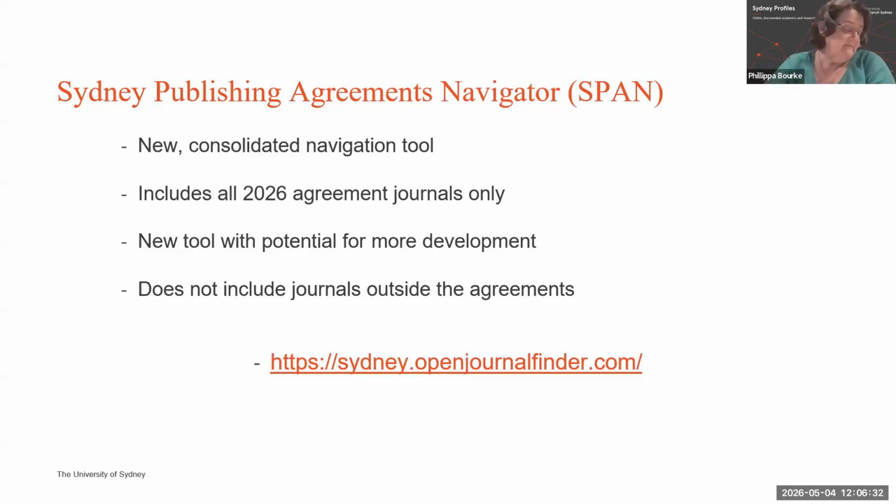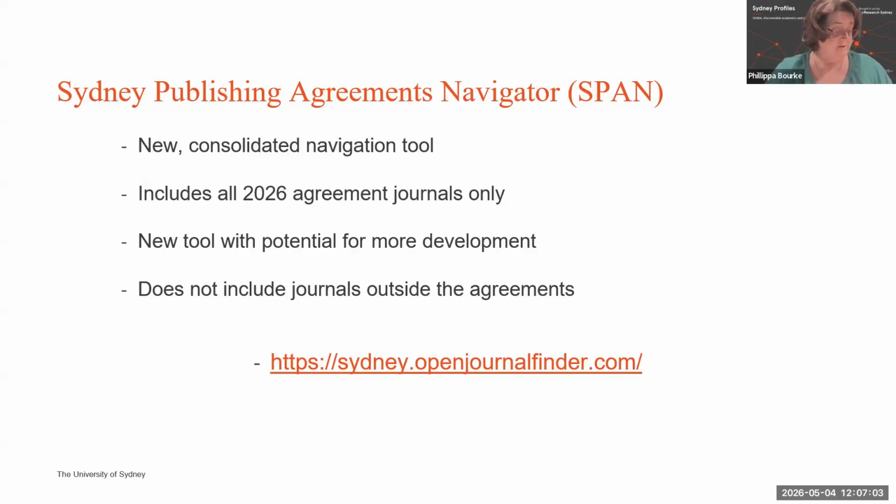So one of the challenges that's been faced by researchers in previous years has been interpreting the information available to establish if a journal is covered under an agreement. This year, the research services team in the library has worked to implement a new tool to help navigate the agreements. The Sydney Publishing Agreement Navigator, or SPAN, is a tool that consolidates all of the university's read and publish agreements in one place and provides comprehensive information on all journals under these agreements.